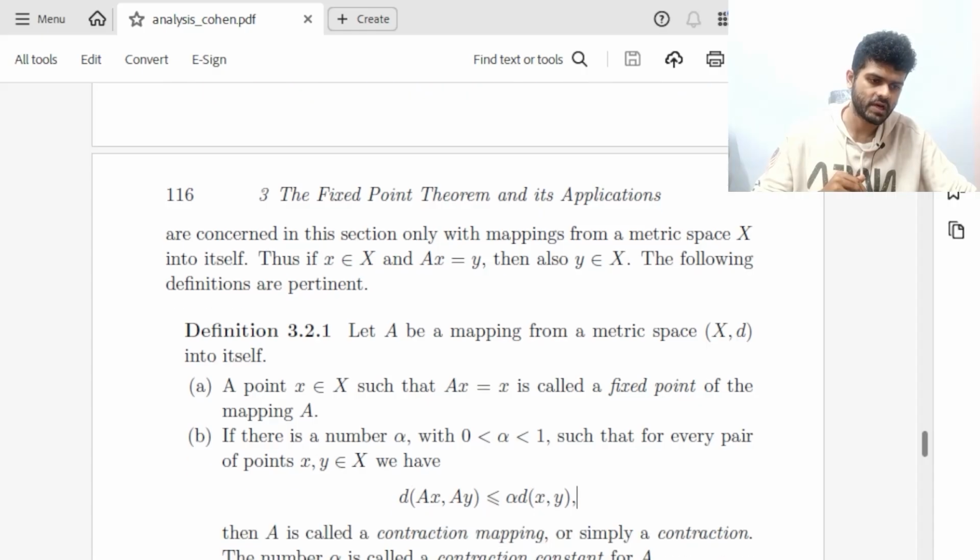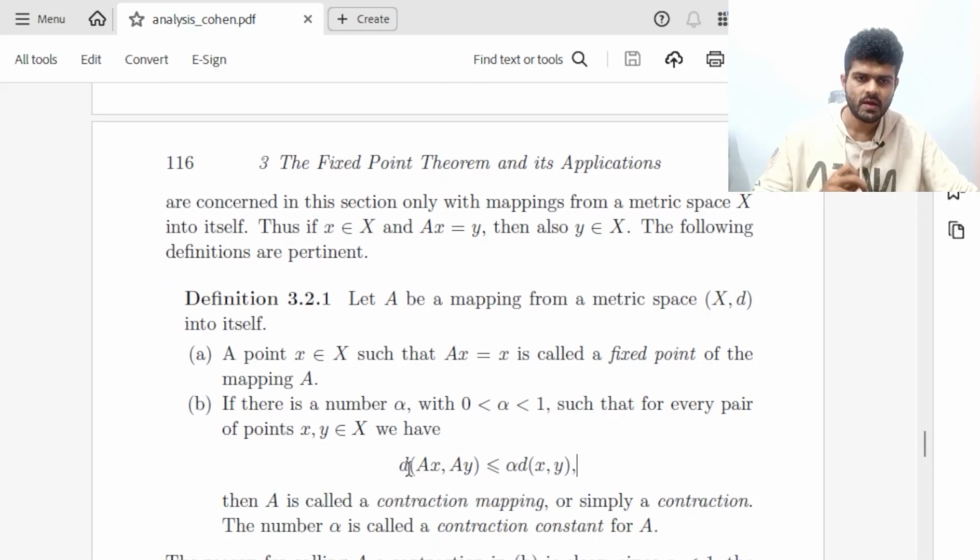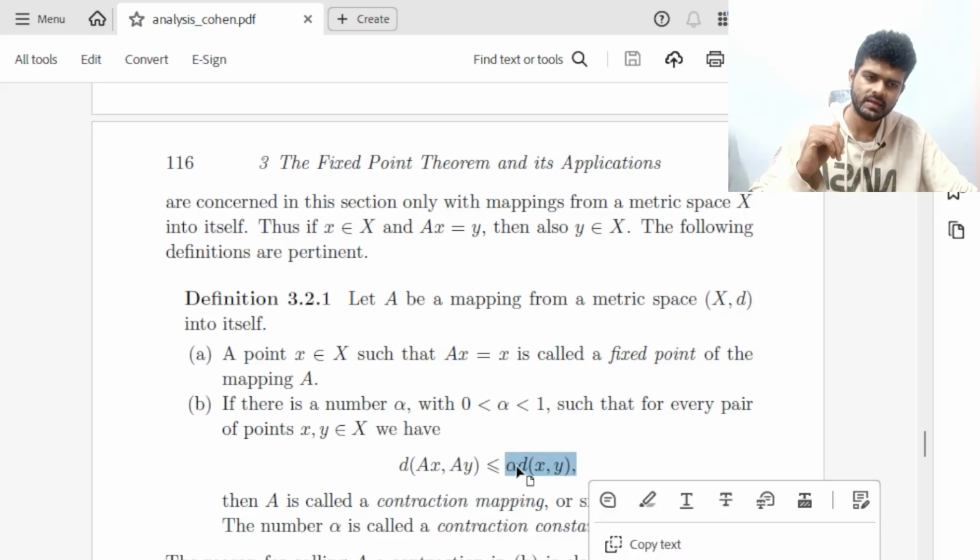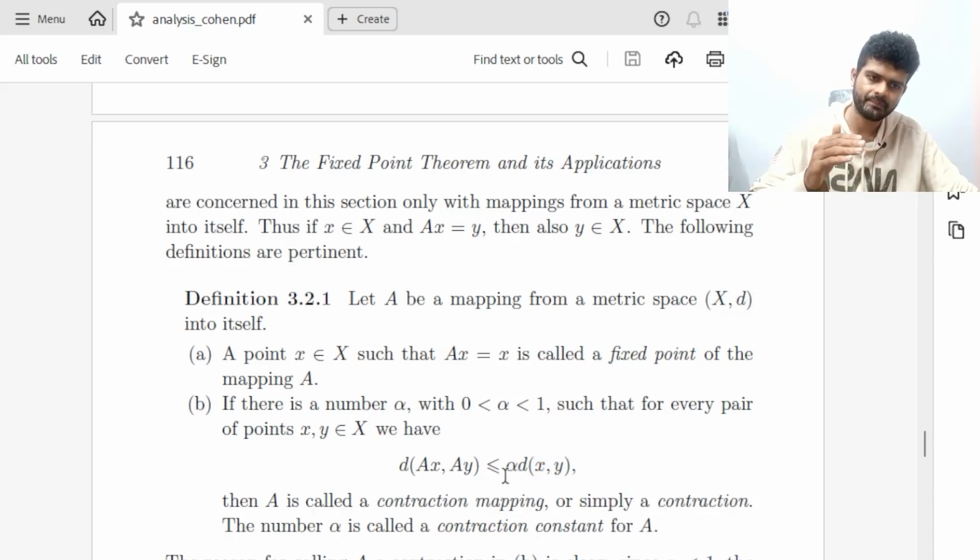This is the condition of contraction. Once you map two points X and Y, after mapping, you find the distance between the mapped points, and it's less than the distance between X and Y. How do we state that mathematically?